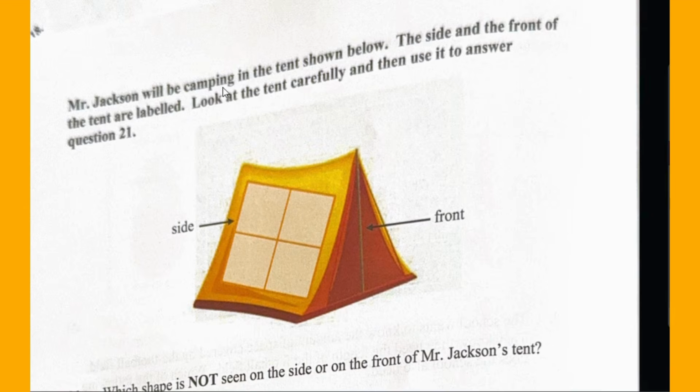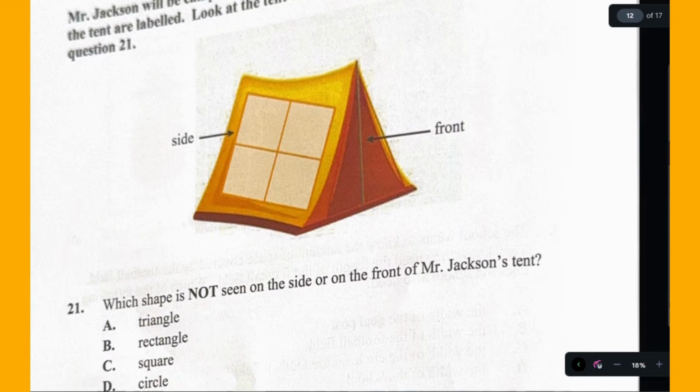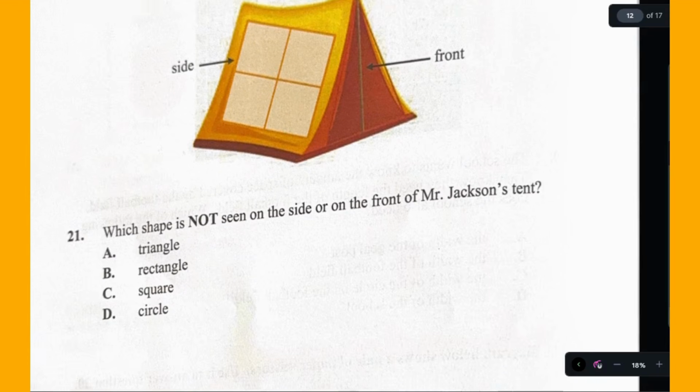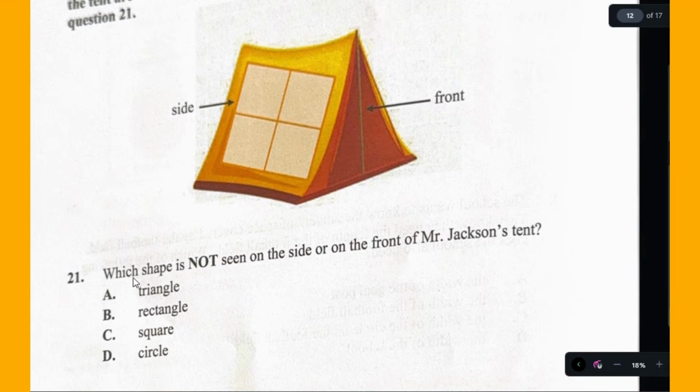Mr. Jackson will be camping in the tent shown below. The side and the front of the tent are labeled. Look at the tent carefully and then use it to answer question 21. So we're seeing the side of the tent, and this is the front. Question 21 says, which shape is not seen on the side or on the front of Mr. Jackson's tent?